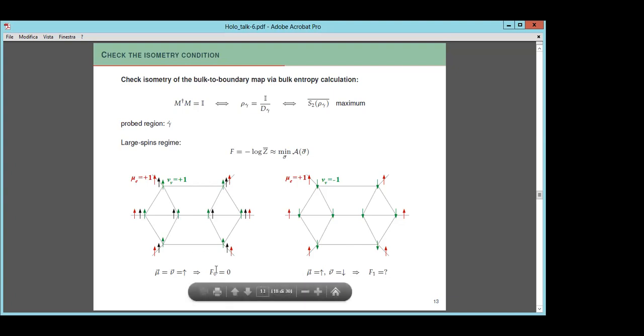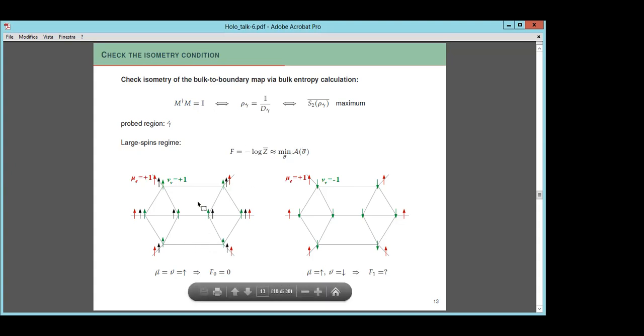So for the Z0 configuration, as I said, all pinning fields point up, and so the Ising configuration that minimizes the action is the interesting case in the high dimensionality regime, since the partition function is dominated by the configuration that minimizes the action.